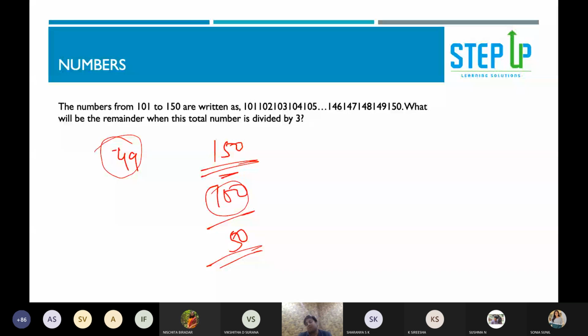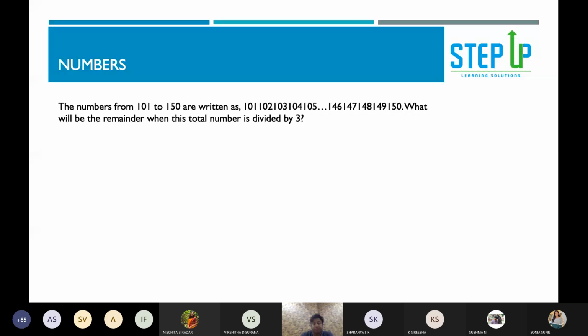How are you going to solve it? Sir, is the remainder 2? Yes, the answer is 2.